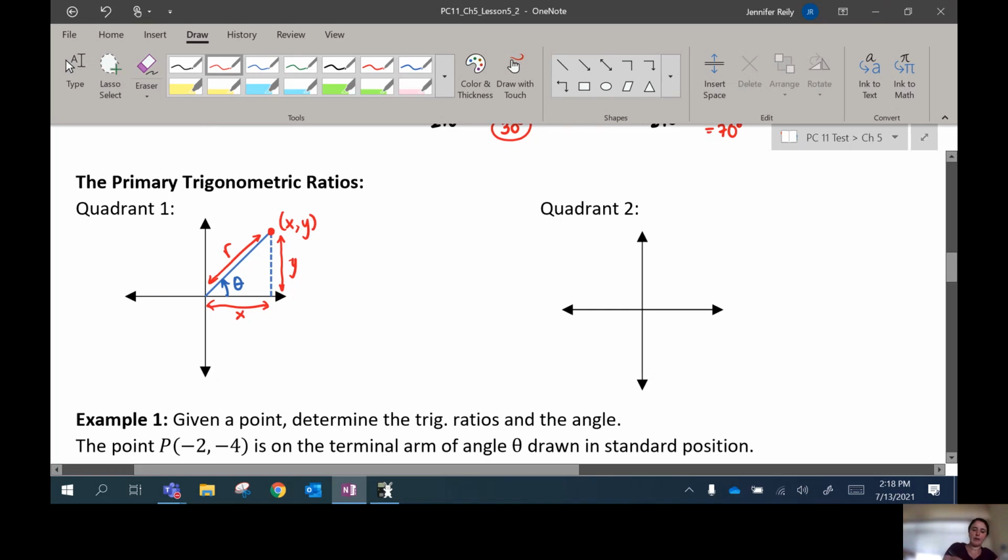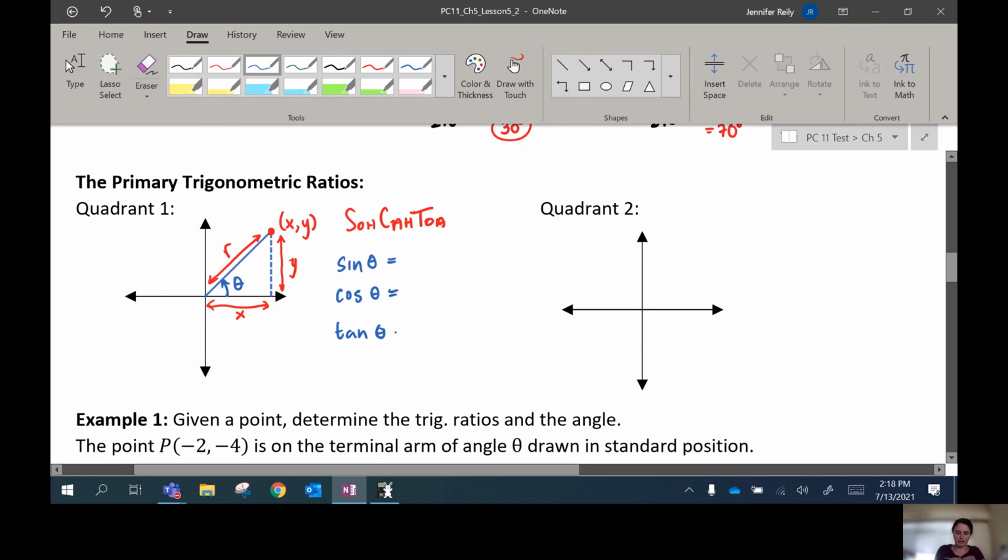Okay, so I have to remember my mnemonic device, SOHCAHTOA. If you remember SOHCAHTOA, you don't need to memorize anything else really. So let's write an expression for sine theta, cos theta, and tan theta in terms of x, y, and r.